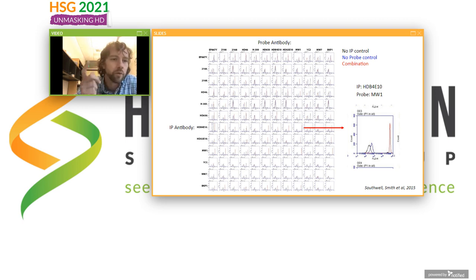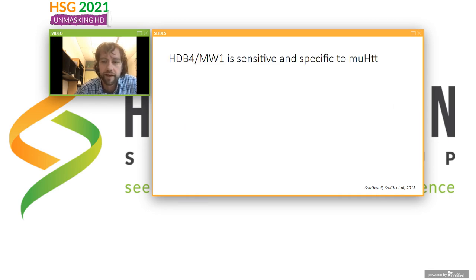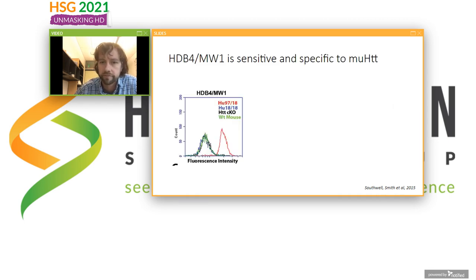We identified one combination of antibodies that gave us the strongest signal: an immunoprecipitation with HDB4E10 and probing with MW1. So that's the antibody pair that we went ahead with. This combination is sensitive and specific to mutant Huntingtin.